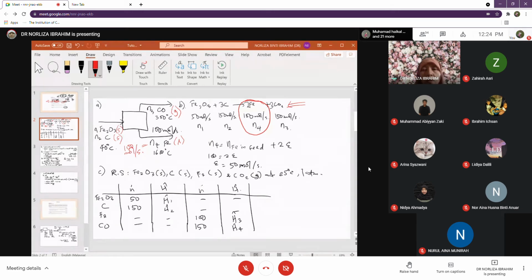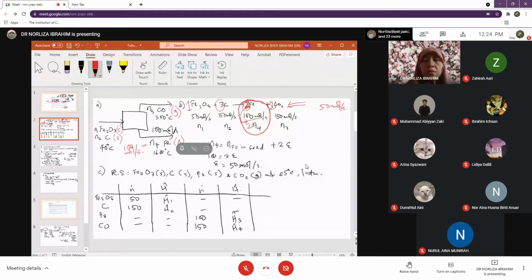Now if it is fed in stoichiometric proportion, I refer to the stoichiometric coefficient of the component. For every 2 moles of iron from the reaction, the 2 is represented by 100, so for every 1 coefficient, 50 mole per second is produced. That is 100 divided by 2.